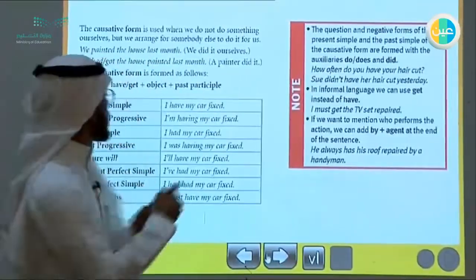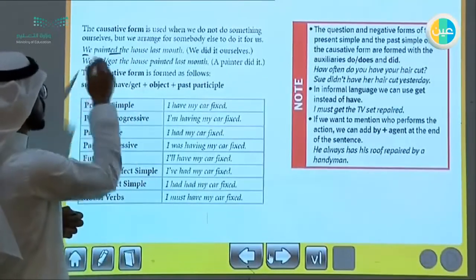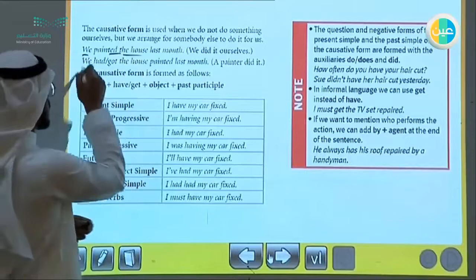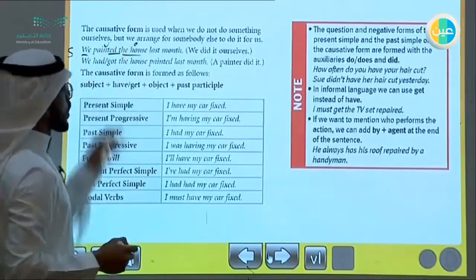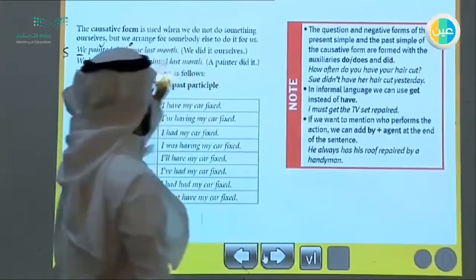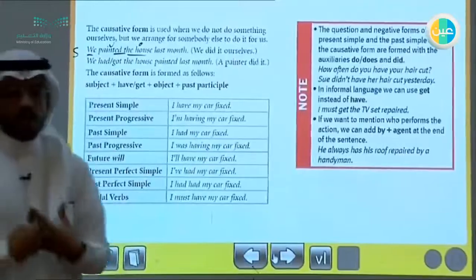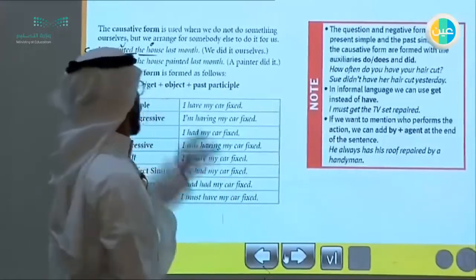We painted. This is past simple. This is the subject, this is the verb, and this is the object. Last month is a time expression. We did it ourselves. We painted the house by ourselves.